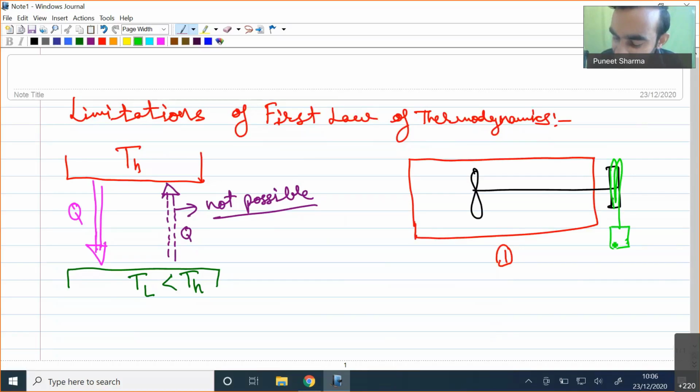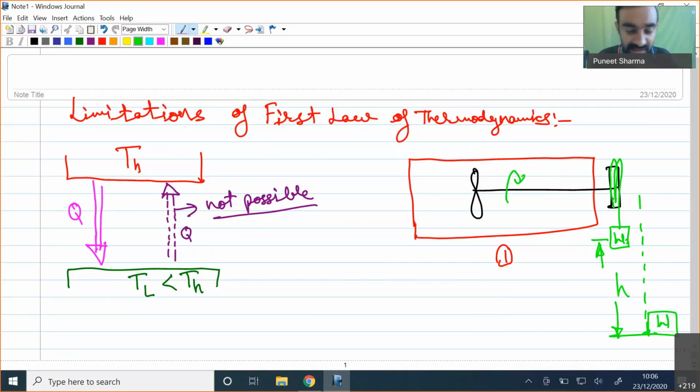Now if this weight traverses through height h, moving vertically down, we will have some work done. While this weight moves down, the paddle wheel will be rotating.